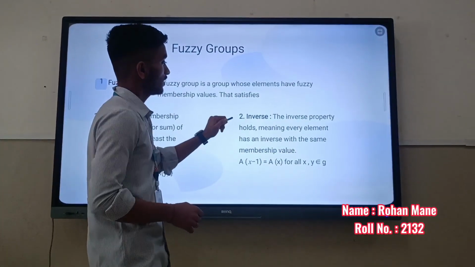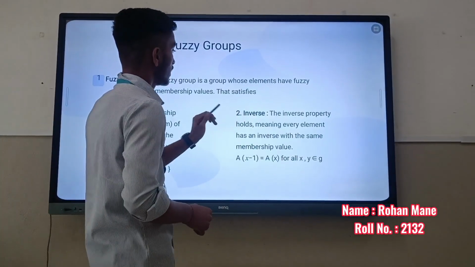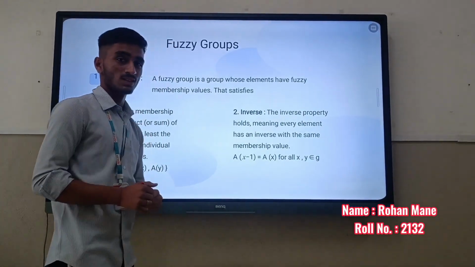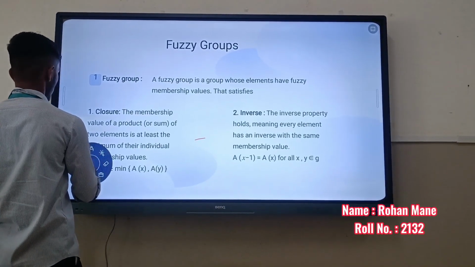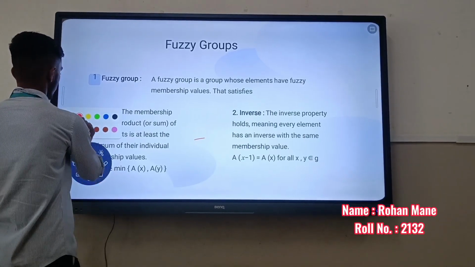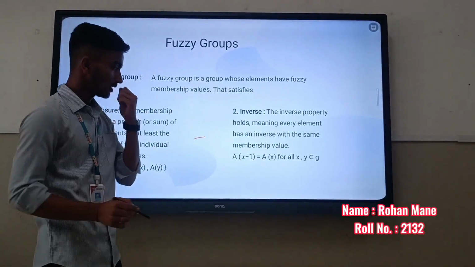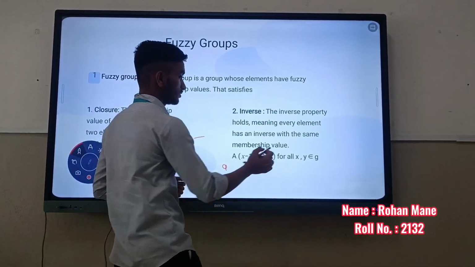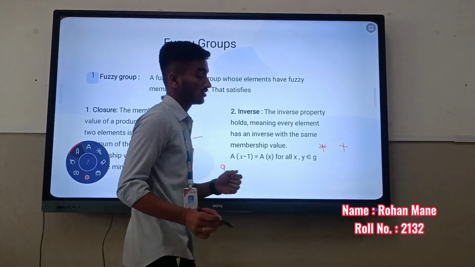Next is the inverse property. How do we define it? The inverse property holds means every element has an inverse with the same membership value. In simple terms, let's consider an element A, and for star we consider the addition operation.